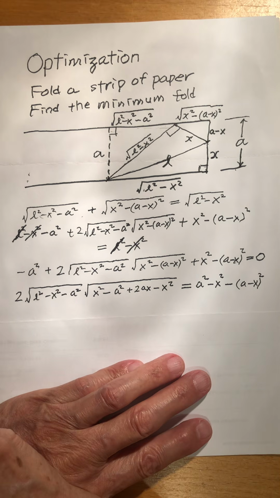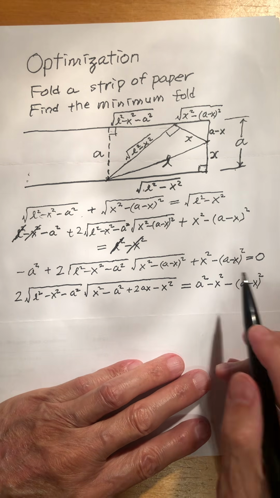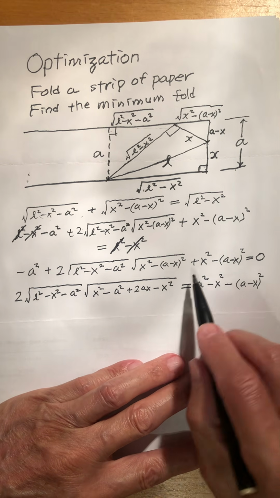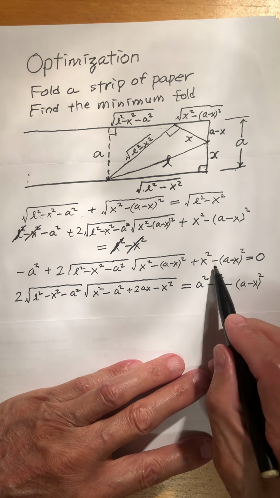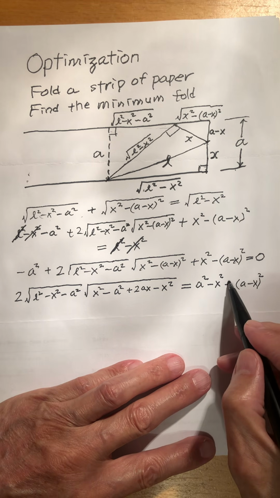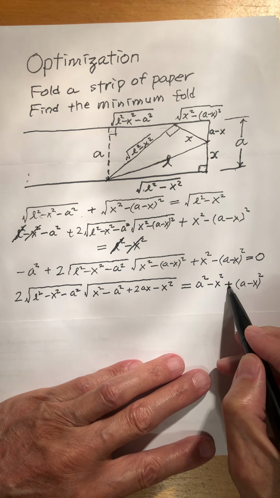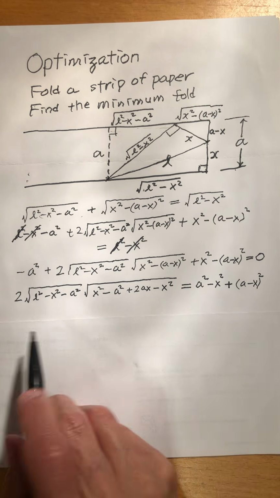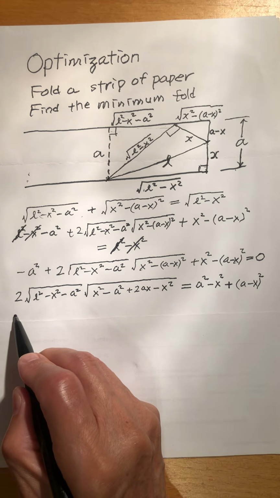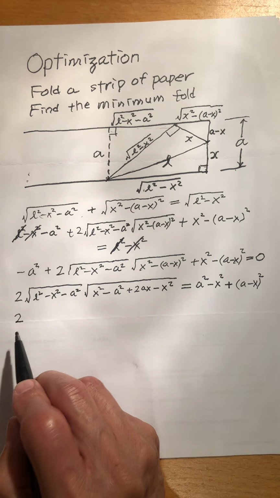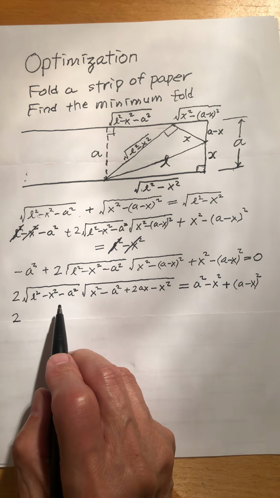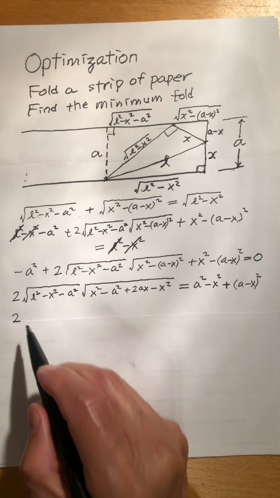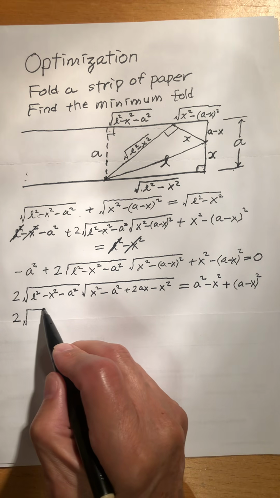Oops, no. So that's why I need to be very careful. Move this to the right-hand side, it is no longer minus, it's plus. Very careful, very careful. A small mistake makes everything wrong. Okay, 2. Let's just see this. Okay, so 2. Just copy this.